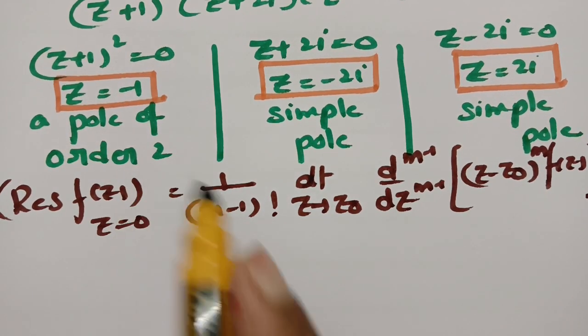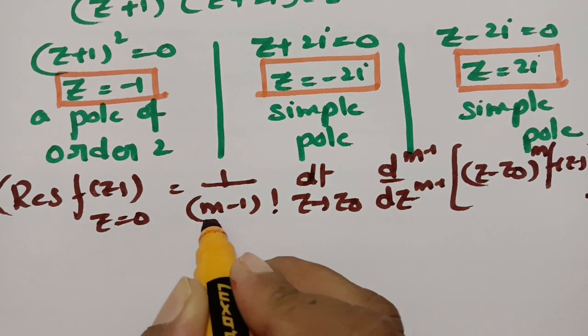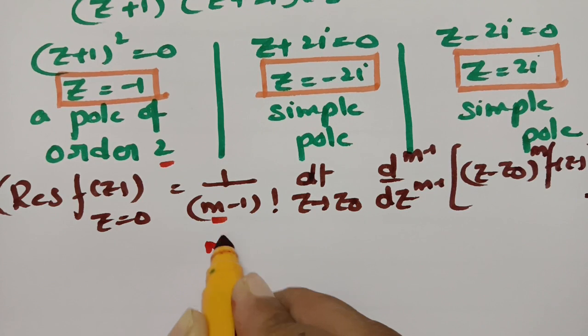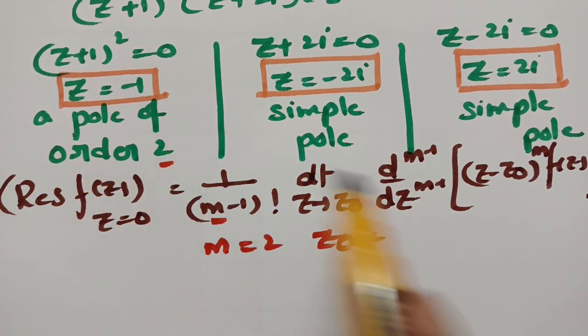Here the order is equal to 2, so the m value is 2 and the pole value z₀ is −1.